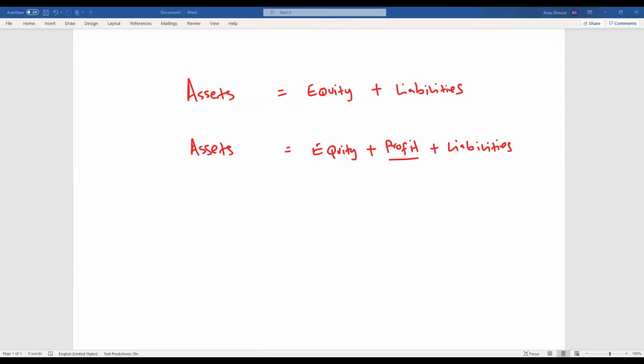Okay. So further, I can expand this equation as follows. Assets equals equity plus, now instead of profit, I'm going to open bracket revenue minus expenses, plus liabilities.